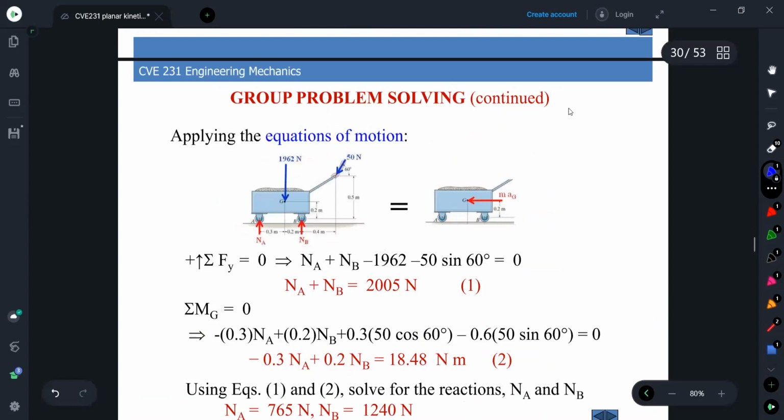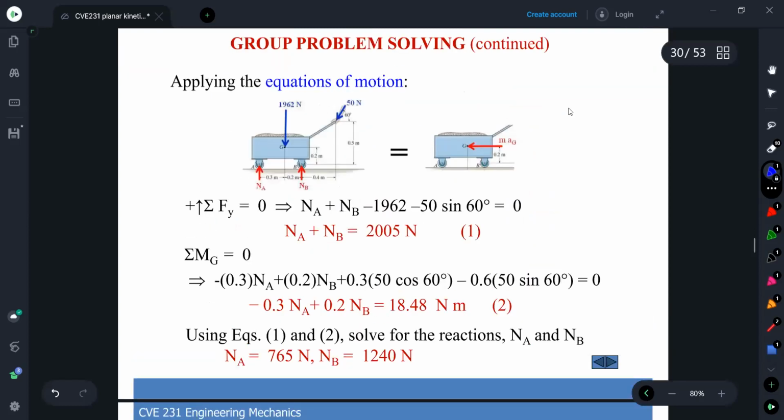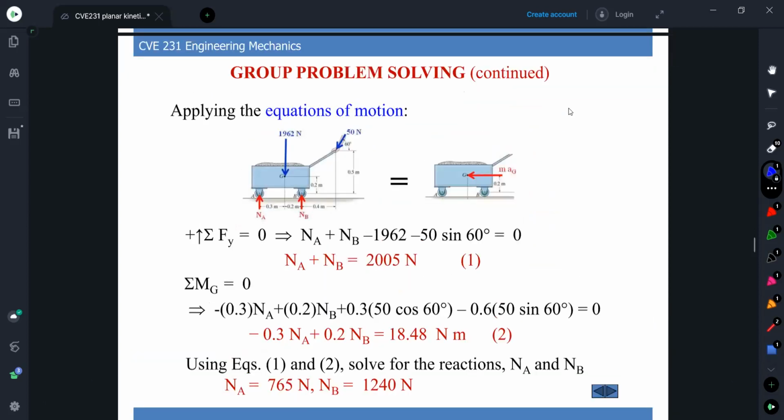Then we move to the equation of motion in the y direction. There is no motion in the y direction, so the right hand side becomes 0.